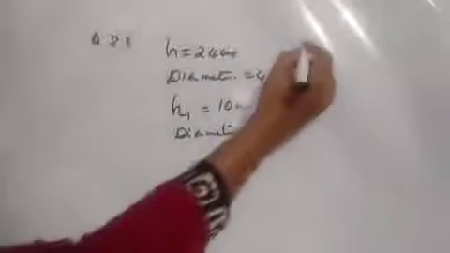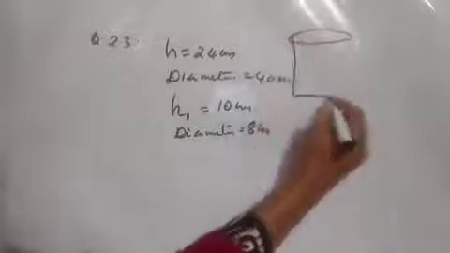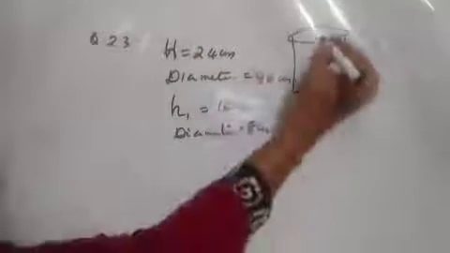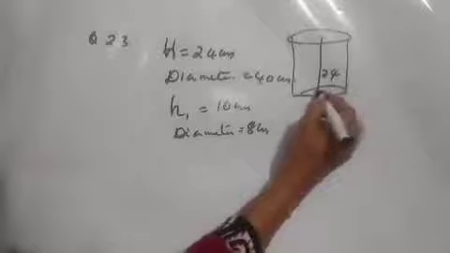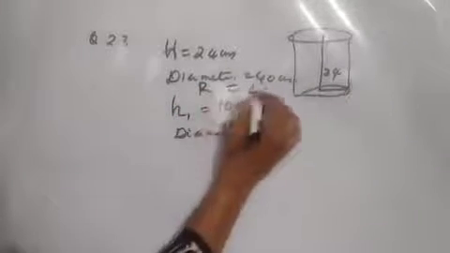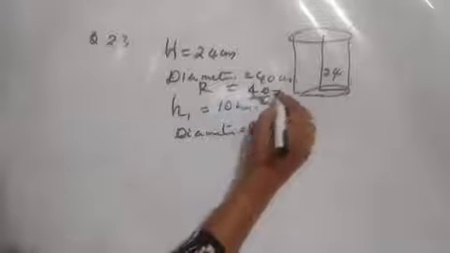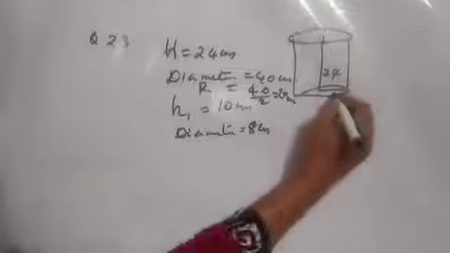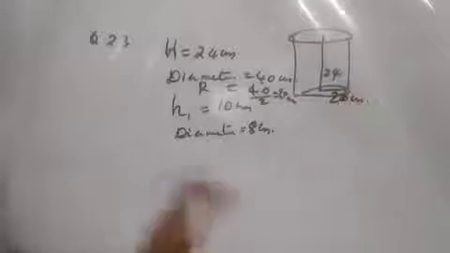So we have a large cylinder, okay, of height, so let it be capital H, 24 centimeter and diameter, so 40 centimeter. So what is the radius? It is the half of diameter, no? 20 centimeter. So the radius is 20 centimeter.